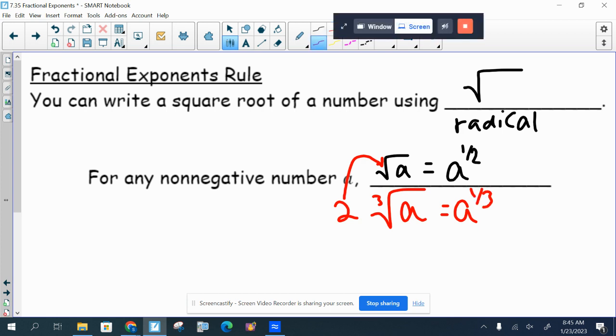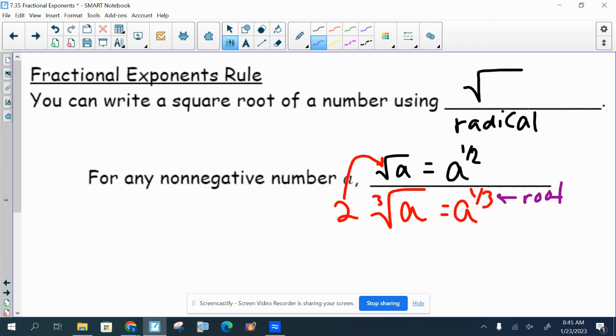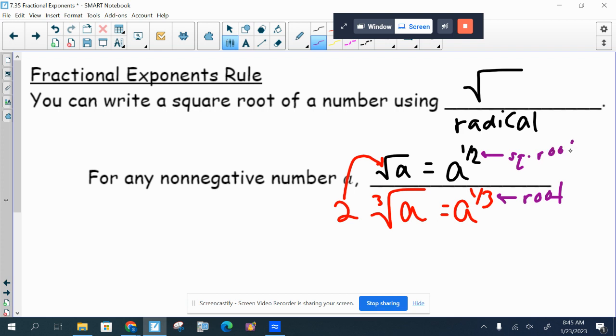So important, the denominator, the 3, is going to determine the root. So if there's a 2 in the denominator, it'll be the square root. So 2 means square root, the number in the denominator.